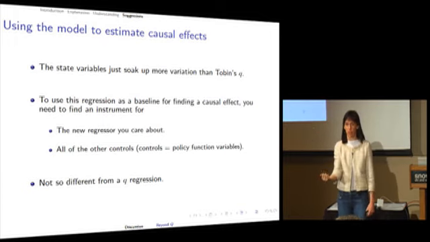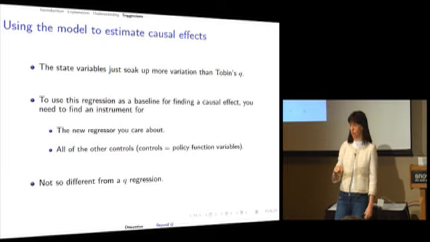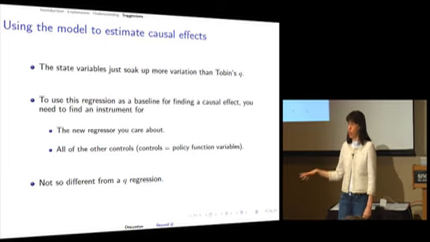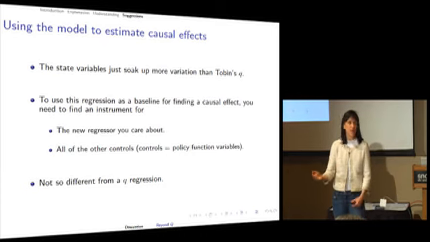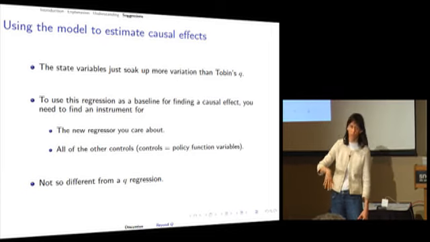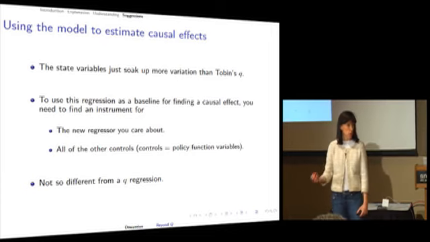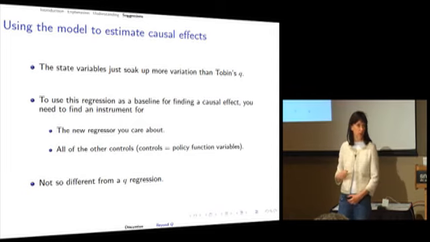You have to find an instrument for this new exciting variable that you care about. But you also have to find an instrument for all the other controls in the regression because they are endogenously determined with investment. And so in this sense, you are not much better or worse off than you are with a regression of investment on Tobin's Q, except that if you want to use OLS, this soaks up more variation.